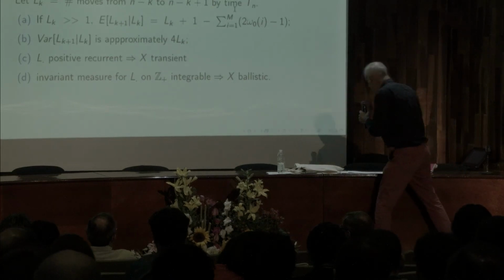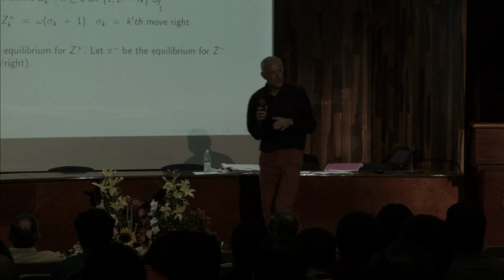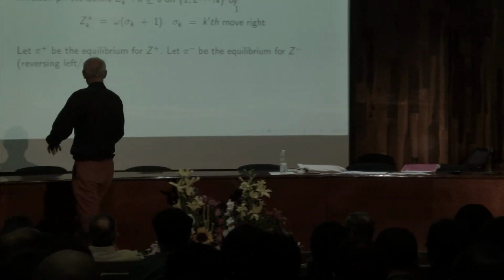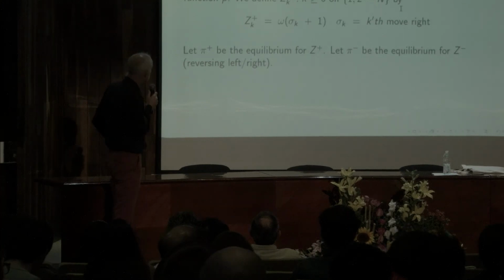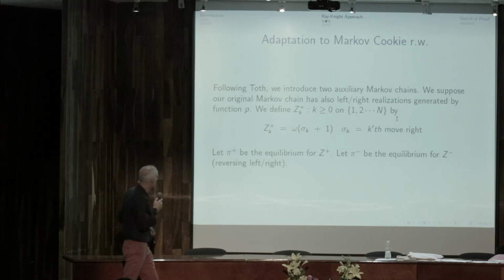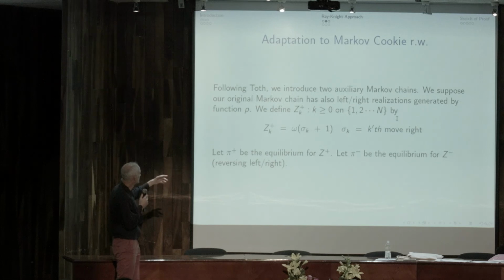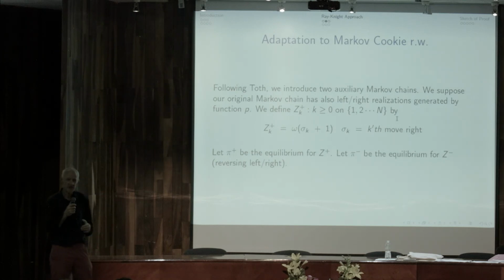What we want to do, and what my co-workers did, was adapt this to the cookie walks. This is Bálint Tóth's idea, but Bálint Tóth really pushed this. I have a Markov chain on 1 to n.